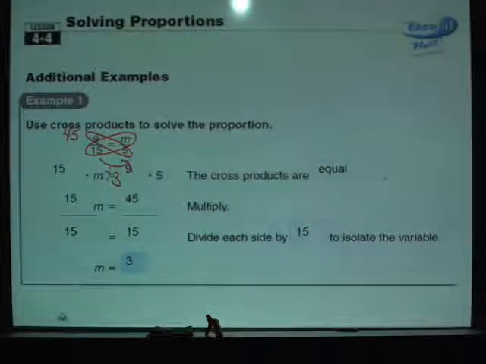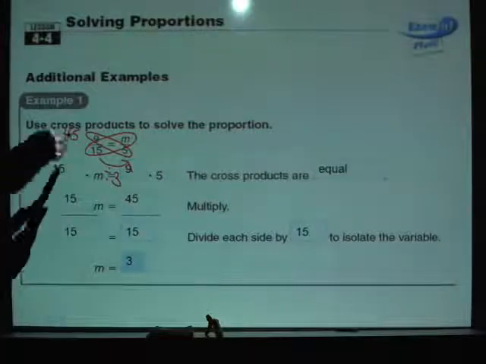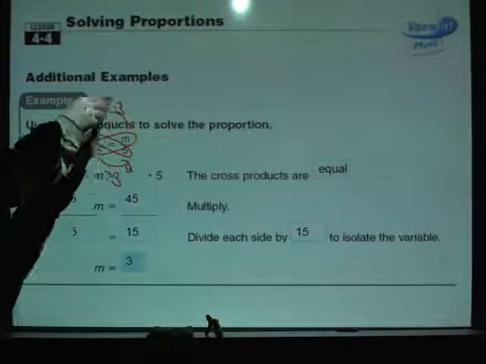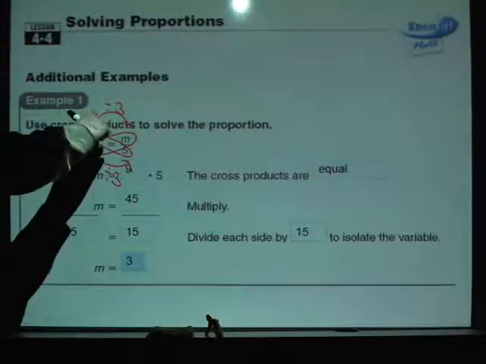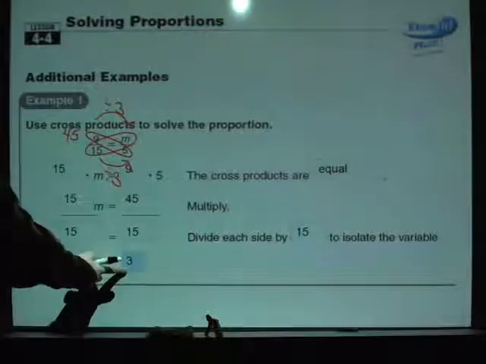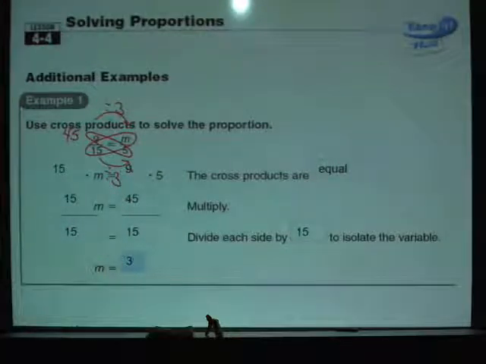Because these two ratios are equivalent, the exact same comparison has to work in the numerators, in the top spots. So as I travel from left to right in the numerators, I would also be dividing by 3. And when I take 9 and divide it by 3, no surprise, I get an answer that's exactly the same as what we calculated, 3.